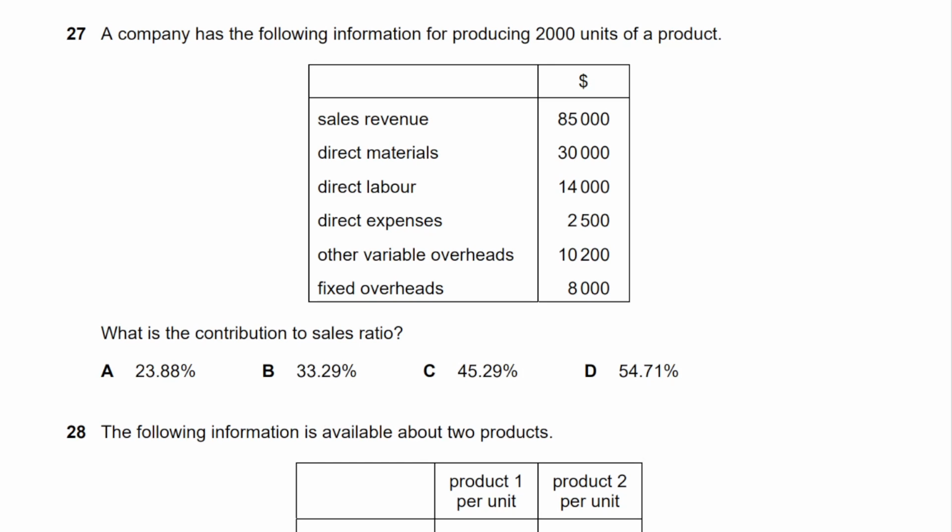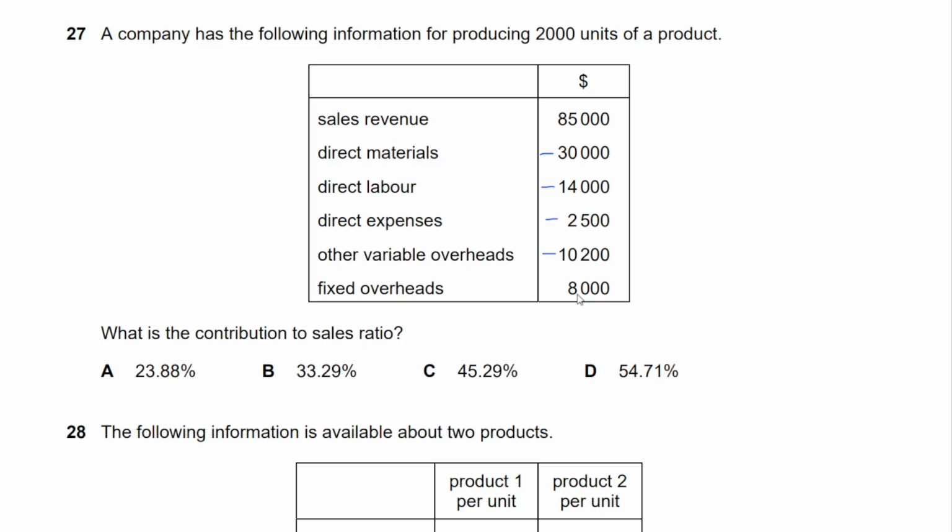27. A company has the following information for producing 2,000 units of a product. What is the contribution to sales ratio? Okay, so first let's calculate what is contribution in this case. So contribution is sales revenue minus the direct, the variable costs. Remove that, remove that, remove that. All these are direct, remove it. Other variable cost, remove that as well. Leave the fixed overhead.